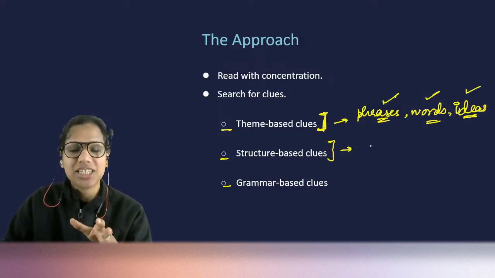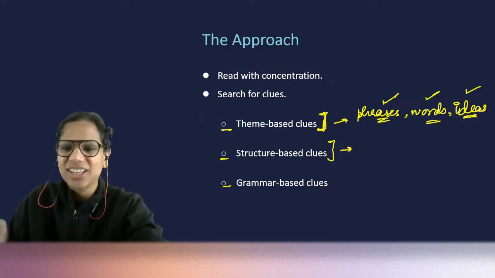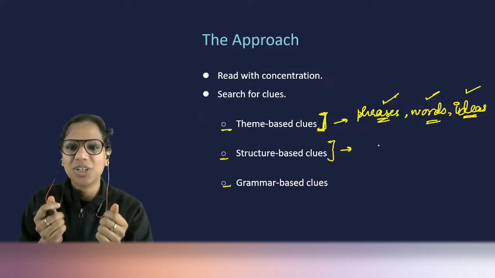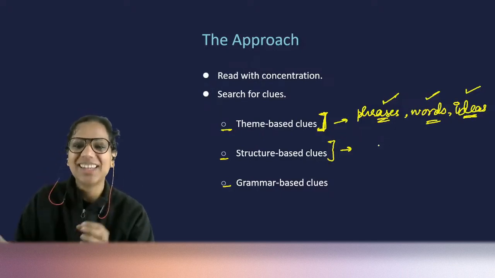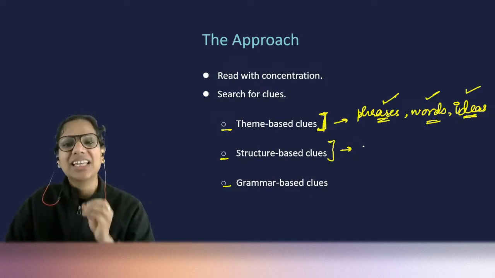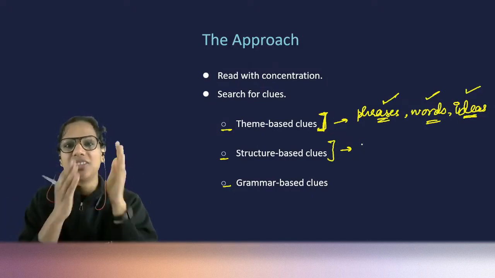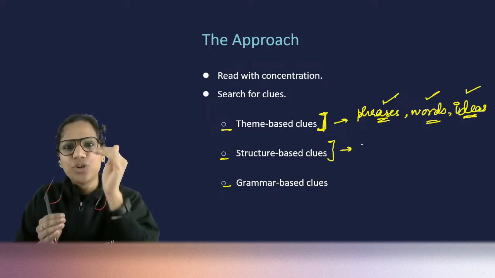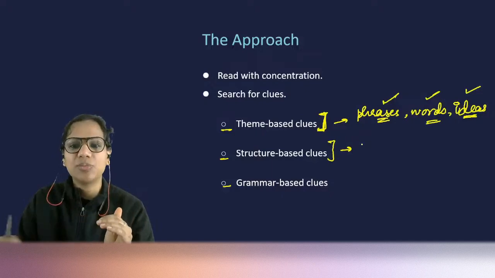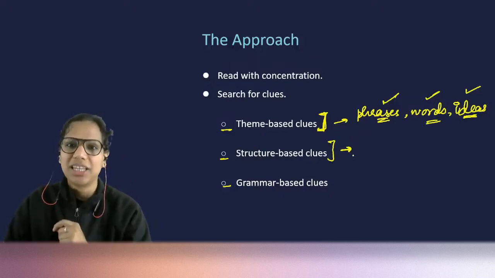For instance, when we detail a recipe, have you seen any recipes online, not the video, but the script? The process says first add this, then go for this. This tells me this is how the paragraph is flowing: first I have to do this, so this sentence will come first, then this sentence will come later. So you do have such structure-based clues at times in the paragraph.